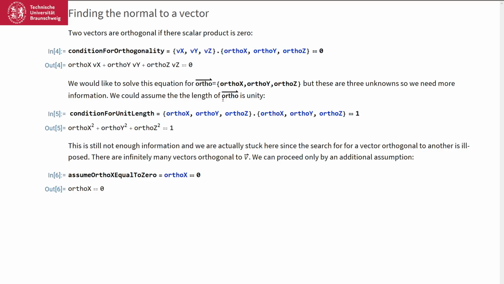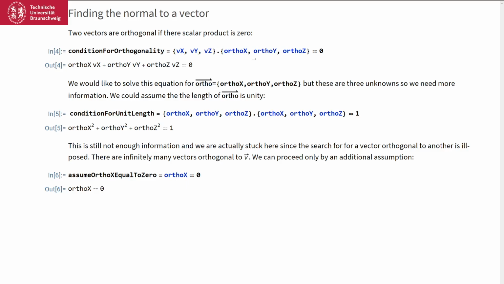This condition is not enough because we have three values here, and we have only one condition. So we need two more conditions. What else can we say as a condition for a unit vector in an orthogonal way? Orthogonality we have defined.